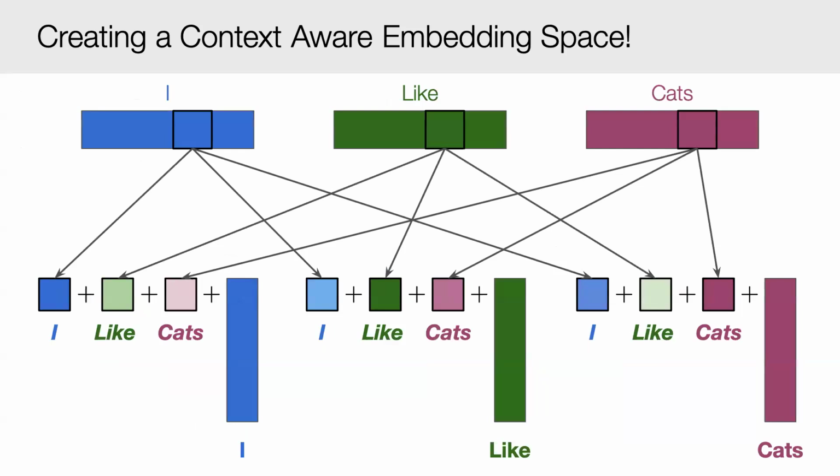So for the embedding for "I", we will add three components, from all three of the embeddings to "I". Same thing for "like", and same thing for "cats". Nothing changed on this diagram, we just flipped it upside down. Does it make sense? Okay, we're good so far.